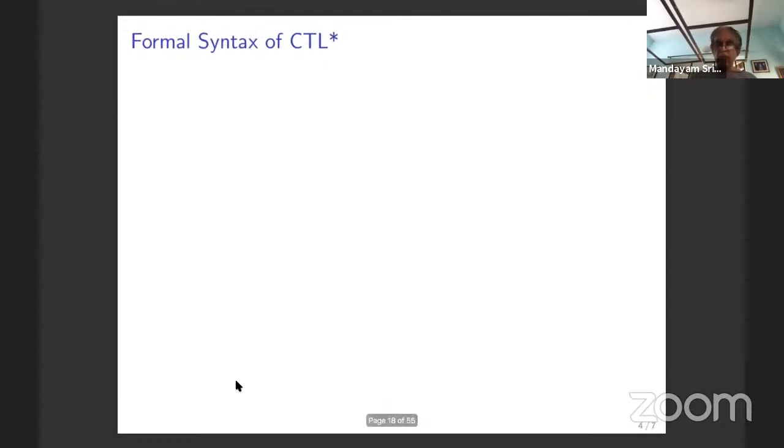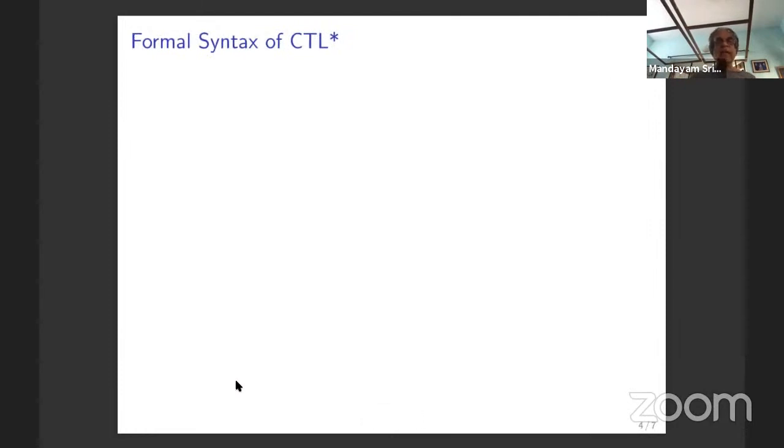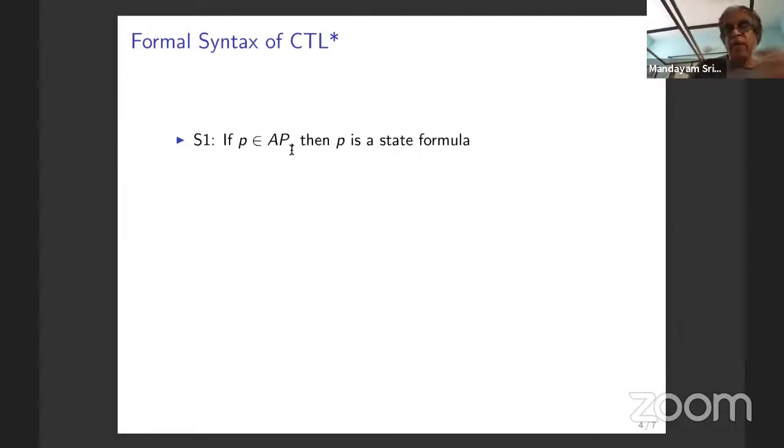Okay, now given these operator introductions, here is the formal syntax of CTL star. If P belongs to the atomic propositions, then P is a state formula. Because after all, an atomic proposition is true of a state if that label P belongs to that state, as we have interpreted.